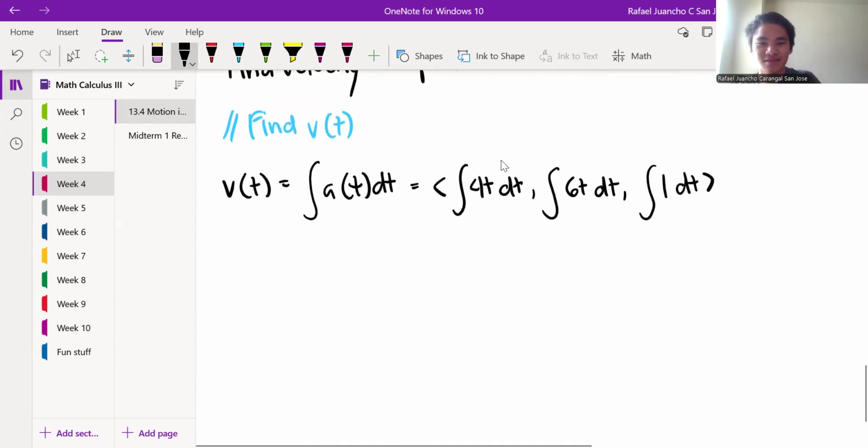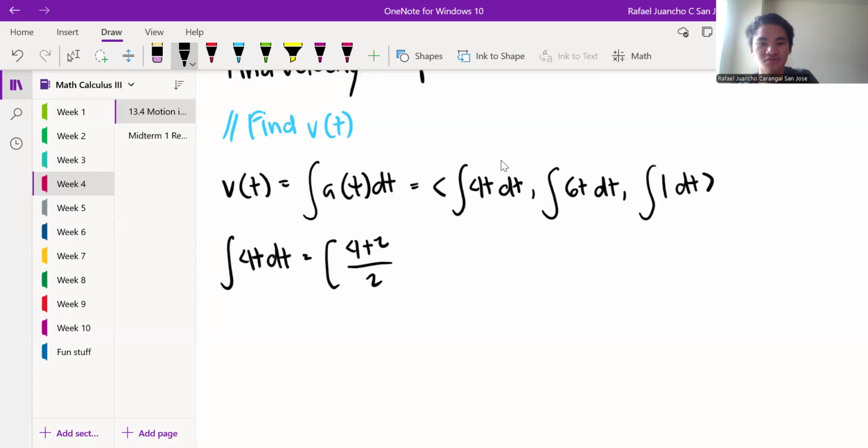Okay, now, what can we say? Let's do it one by one. The integral of 4t is 4t squared over 2 plus some constant, let's say c1, which is 2t squared plus c1. That's a constant.